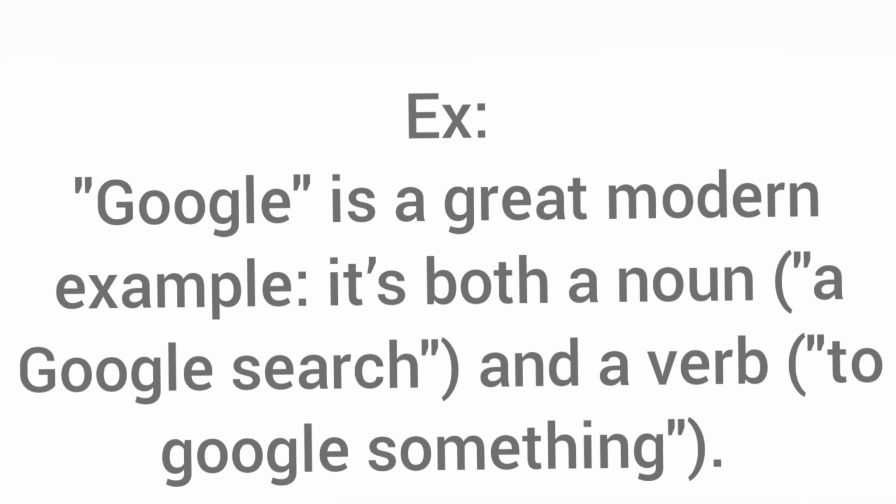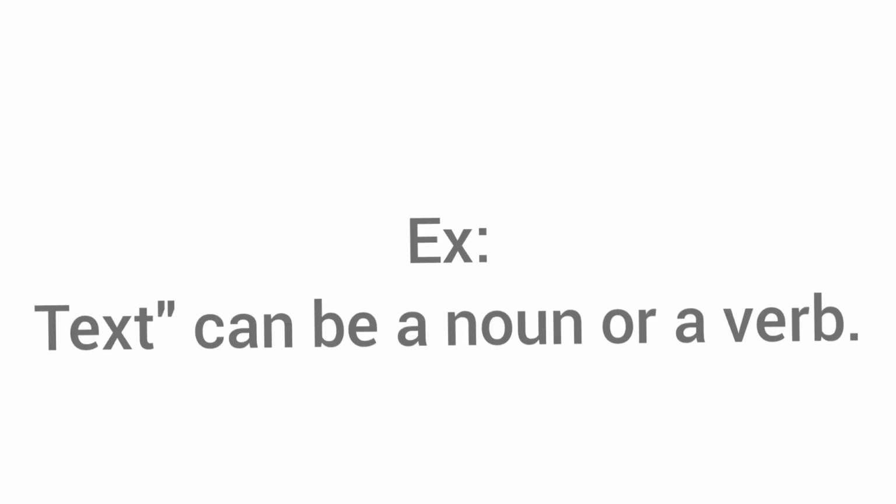It's both a noun, a Google search, or a verb, to Google something. Example: text. Text can be a noun and also can be a verb. So this flexibility is what makes English such a dynamic language.